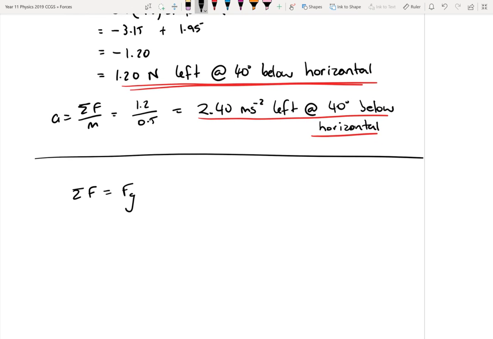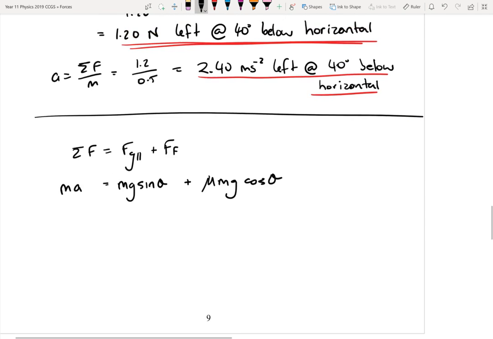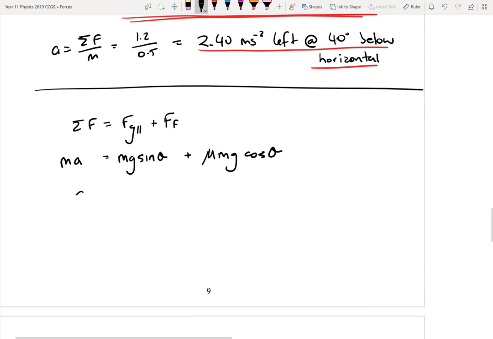We go, all right, the force due to gravity parallel plus force of friction, that's mg sine theta plus mu naught mg cos theta, and that's going to equal ma. So then obviously acceleration is going to be all of that divided by m. So the m's will cancel, and you get a equals g sine theta.